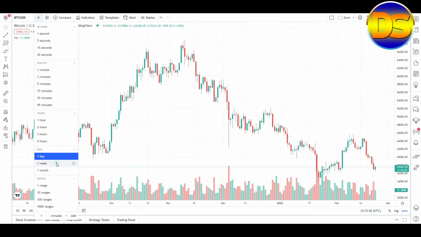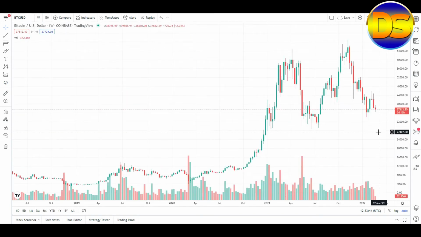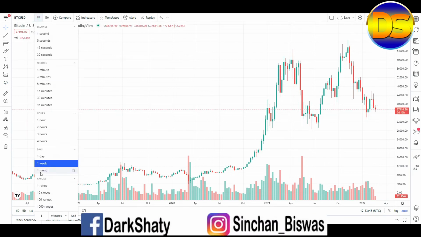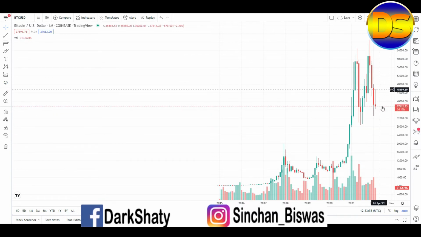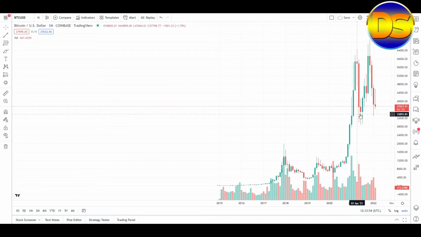If we go to the 1 week chart, it's going down, and if we go to the 1 month chart, it's going down. I think this graph is going to this position.